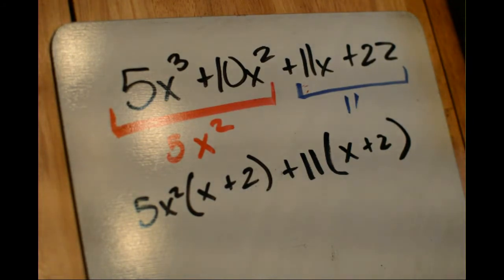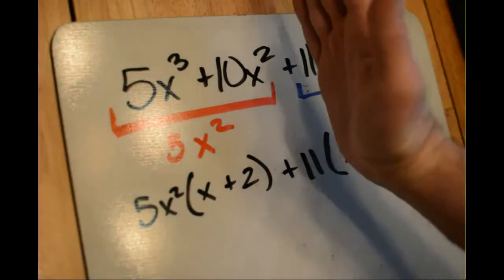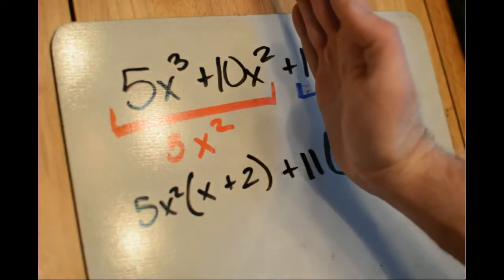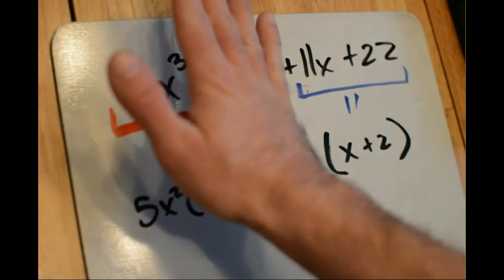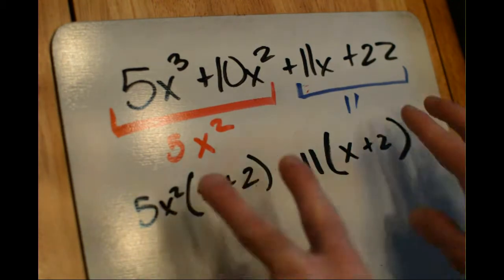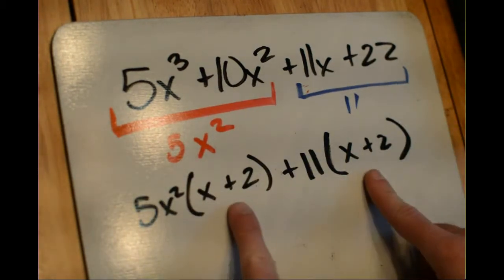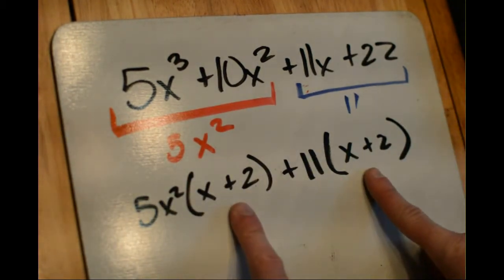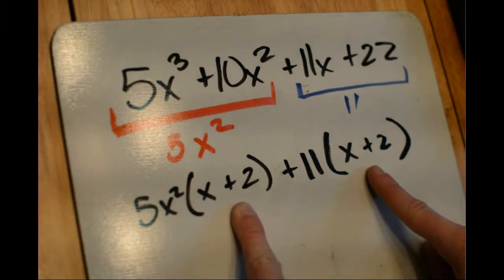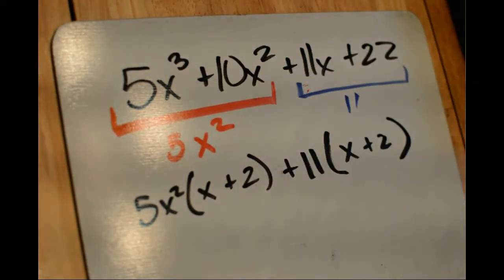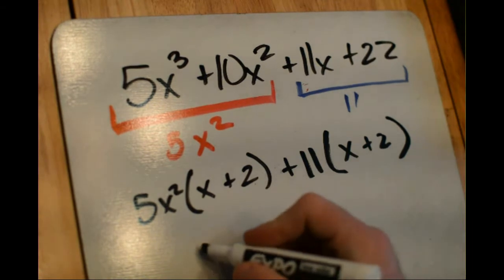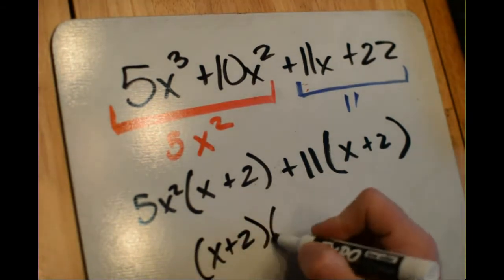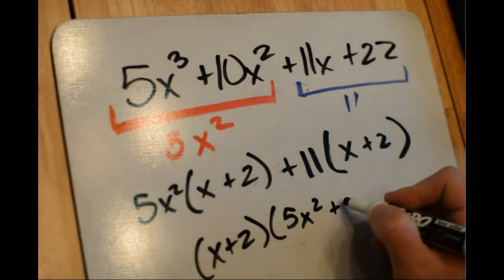Just kind of taking this polynomial in 2 different parts, factoring out the GCF from that left part, factoring out the GCF from that right part. Just rewriting those 2 parts. What that accomplished is now we have a common binomial of x plus 2, so we can factor that out, and we have x plus 2 times 5x squared plus 11.